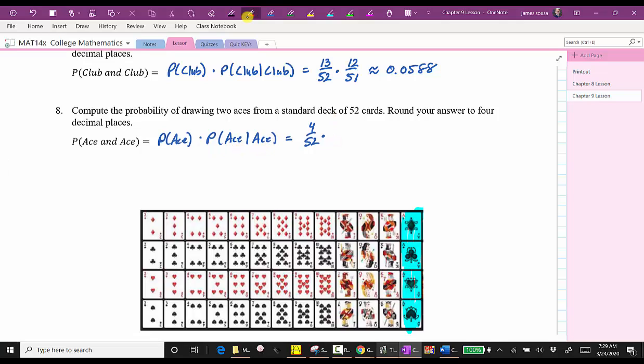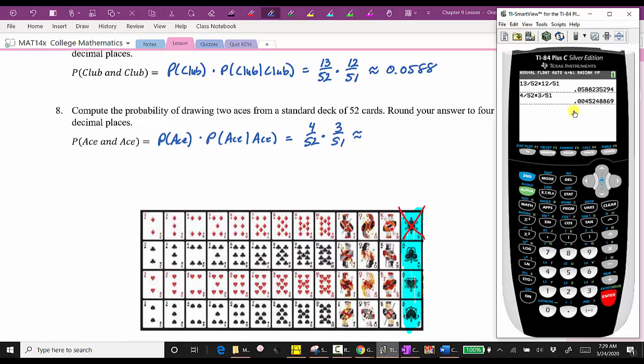And again, let's assume the first card was the ace of diamonds. Notice now there are 51 cards, 3 of which are aces, and therefore the probability of an ace given the first card is an ace is 3 divided by 51. Going back to the calculator, because we have a 2 in the 5th decimal place, we round down to 0.0045.